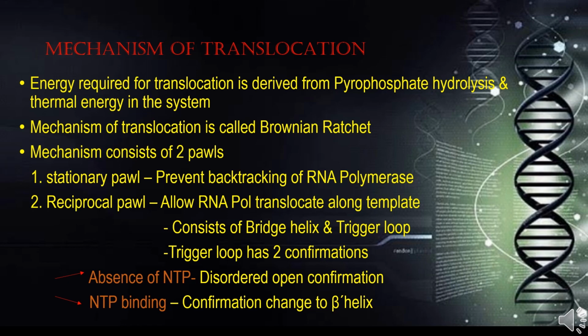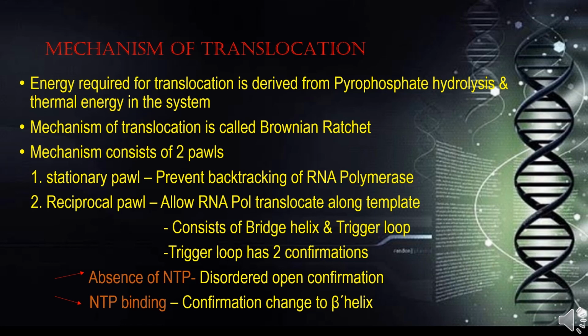The mechanism of translocation is called the Brownian ratchet. It consists of two poles, a stationary pole and a reciprocal pole. The stationary pole prevents the backtracking of RNA polymerase, and the reciprocal pole allows the RNA polymerase to translocate along the template.